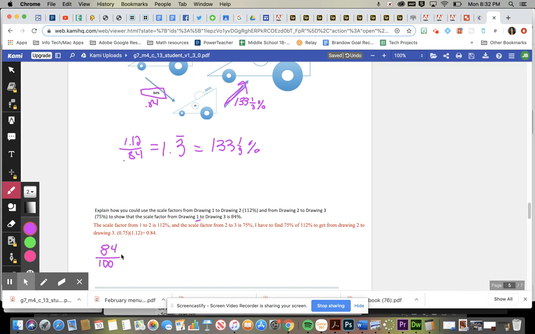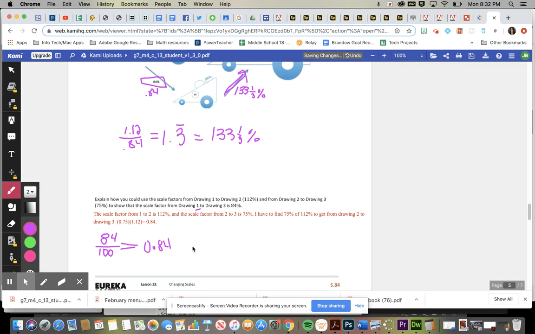And if you divide those, you get 0.84. So that's another way that you can do that problem.